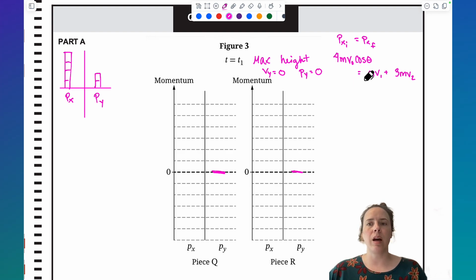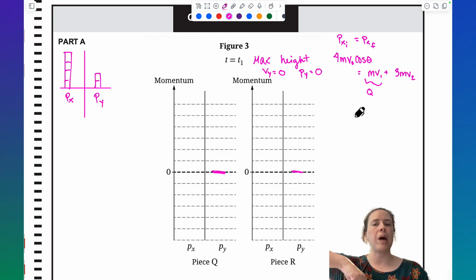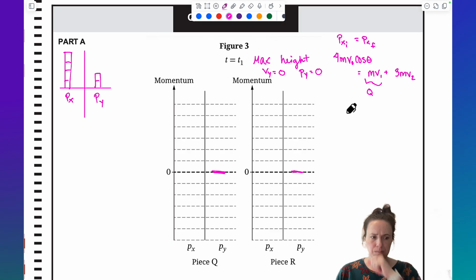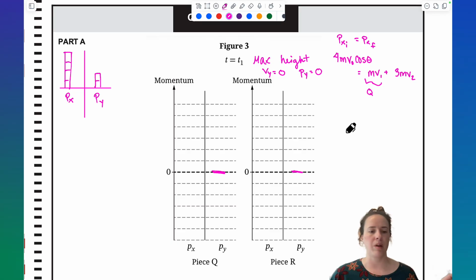They tell us that piece q is going to end up back where it started at x equals 0. Projectile motion is really fun because mass does not affect projectile motion. It doesn't affect the time. It doesn't affect the max height. Well, like in the kinematic equations anyway. So piece q goes back to where it started.